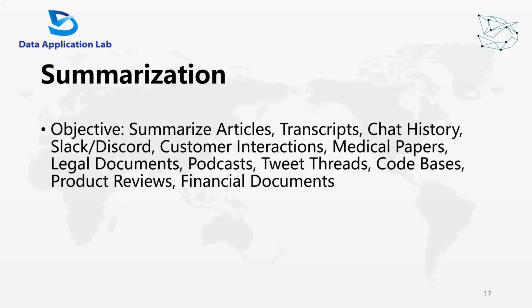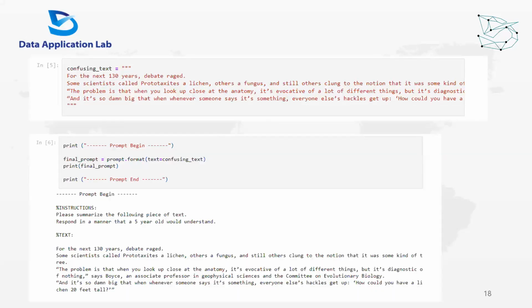Another application use case we can use is summarization. So we can give our data, text, or messages from any platform, and we can tell it to give me the summary of this data. So here you see, we had given our prompt, and we are giving some information.